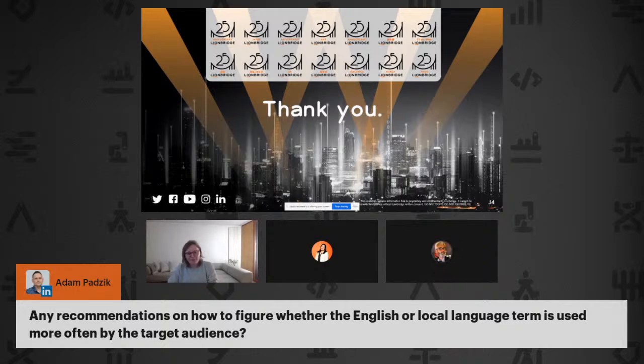Yes. I mean, there are tools available which will tell you directly whether the English or the local language term is being used more often by the target audience. But I think what's important there as well is to make sure, if you decide you're going to use an English term on a non-English page, is that good for you? Are you going to be competing with yourself for that term?